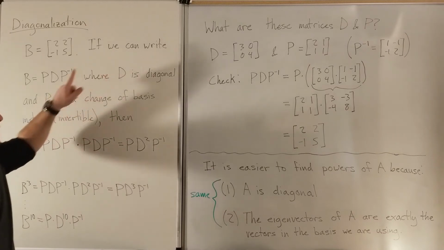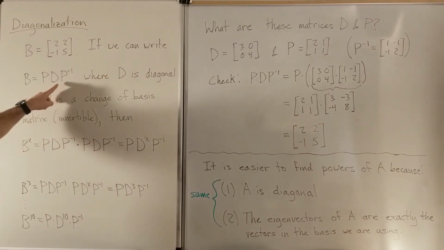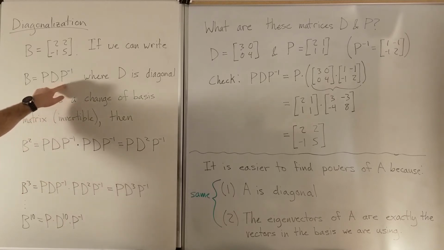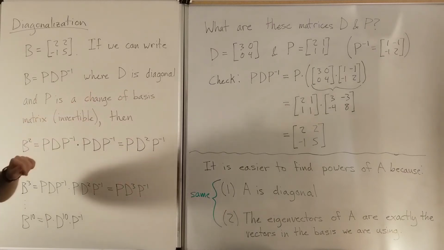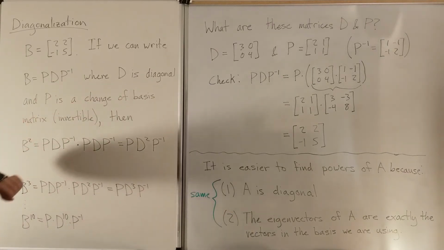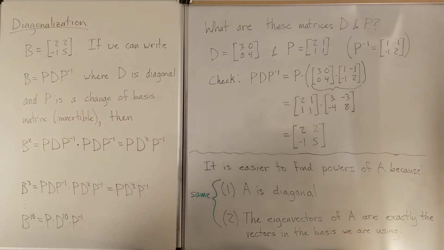And if we can write B as the product of three matrices in this format, where notice that the first and last ones are inverses of each other, and the middle one, D, is diagonal. Just to note here, we'll be thinking about P as a change of basis matrix. That will mostly just mean that it's invertible, but later on we'll see that it's actually referring to a specific basis.